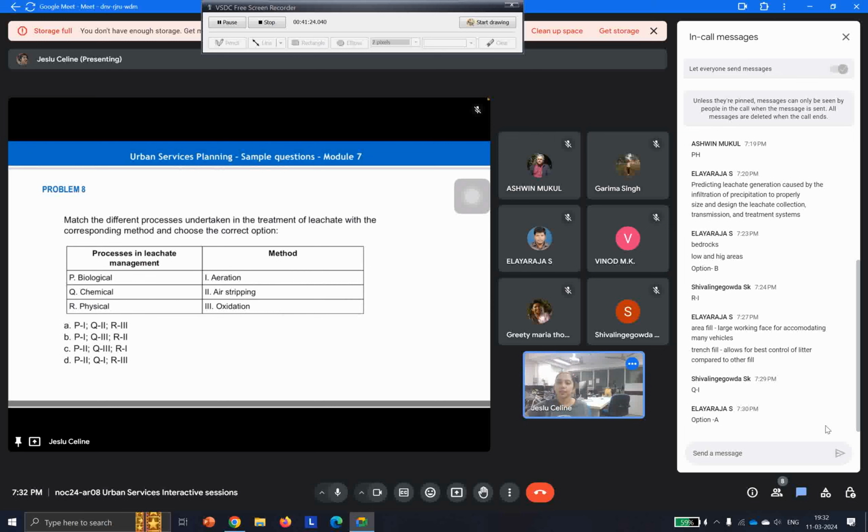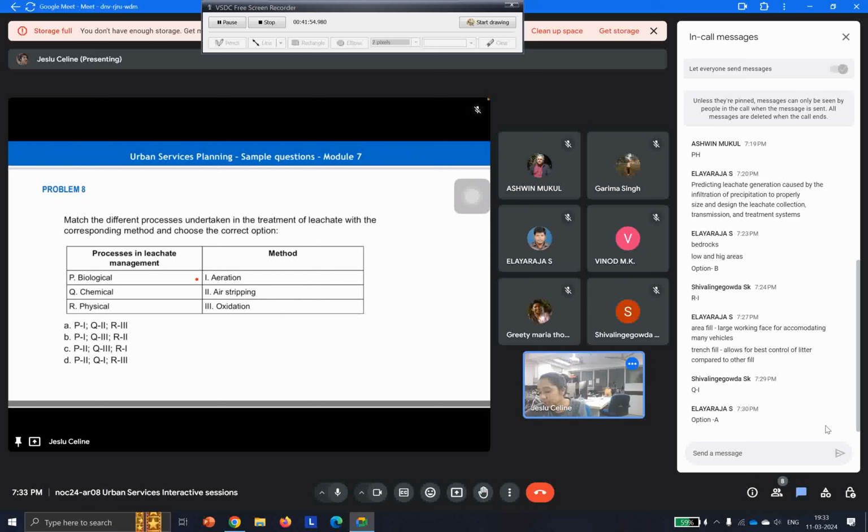P, biological process, is it aeration, air stripping, or oxidation? Aeration is said to be a biological process, where aeration is given. We'll see the slides in the next slide, and then we'll go to the explanation.